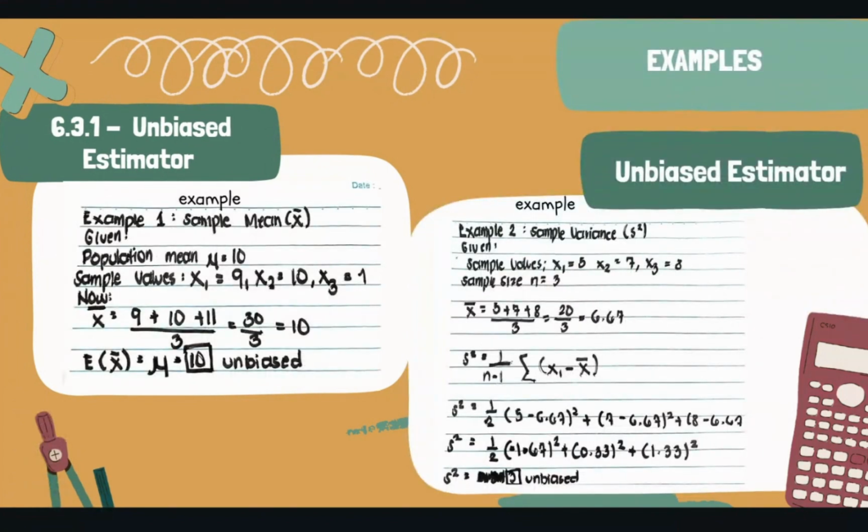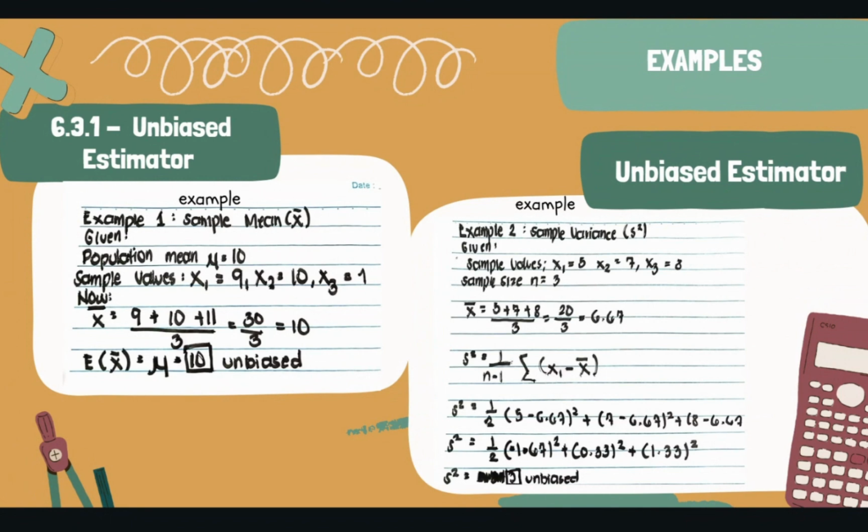Now we have examples of unbiased estimators. The first one is the sample mean. The given population mean is equal to 10. The sample values are sample 1 equals 9, sample 2 equals 10, and sample 3 equals 11. Now we have to solve the sample mean.